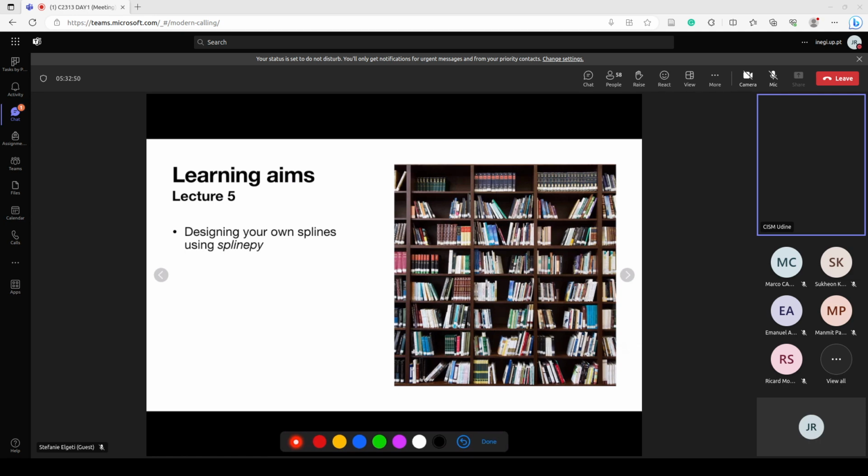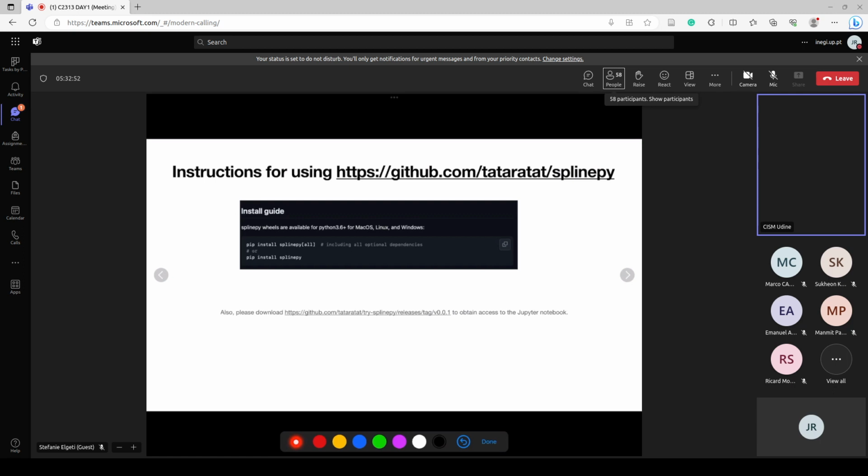So I asked you to try to download the SplinePy module. If you've not done so, here's the installation guideline again. I also sent it in the email.